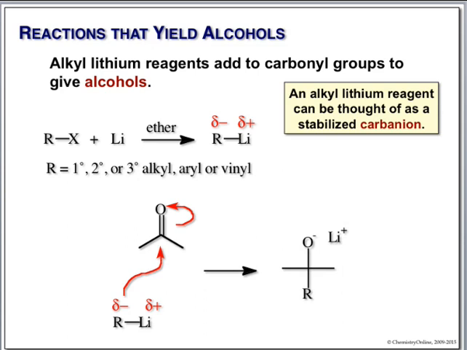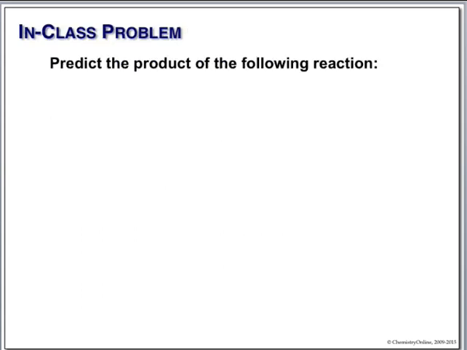Principle is exactly the same as a Grignard. If we have an aldehyde, we will get a secondary alcohol. Ketone, we get tertiary. Go ahead and look at this and draw the products for this simple reaction.